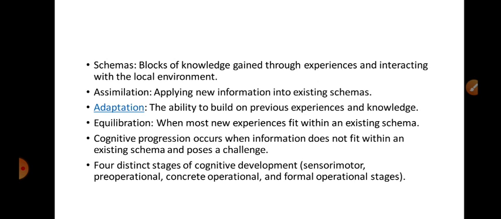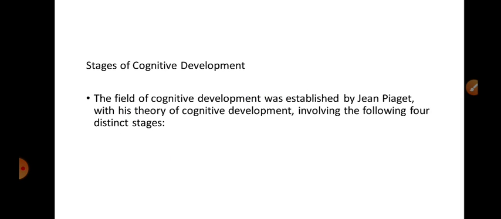Under this topic, the theory of cognitive development, there are four distinct stages of cognitive development: sensorimotor, pre-operational, concrete operational, and the formal operational stage. Four stages of development of our mind. We'll see them one by one. This is the main thing under cognitive science, how our brains develop.